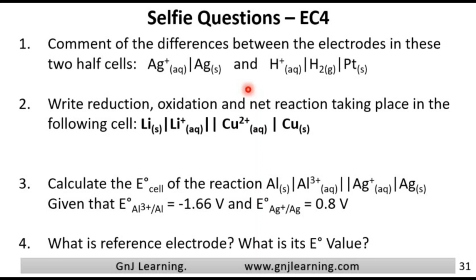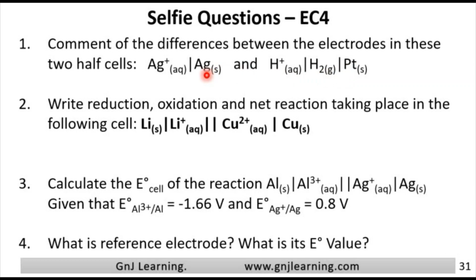Okay, the first question is, comment on the differences between the electrodes in these two half cells. Two half cells are given. The first one is silver and the next one is the SHE electrode, or SHE half cell. What's the difference between the electrodes in these two half cells? In the silver it is Ag and in SHE it is platinum.